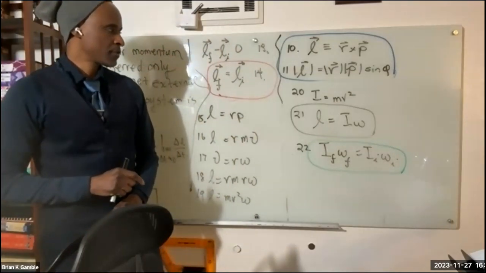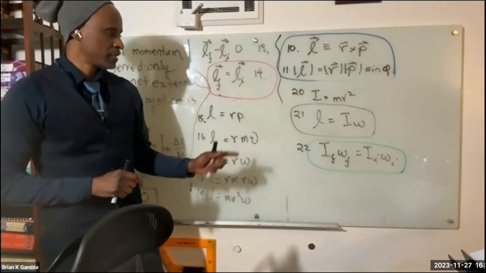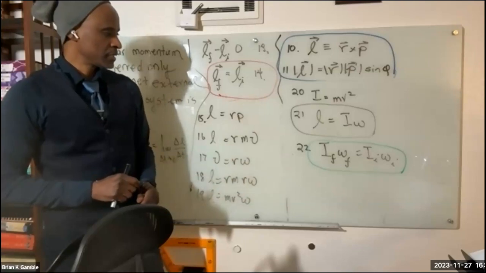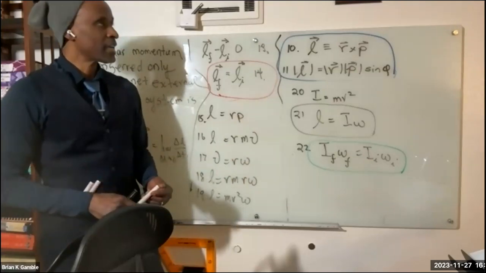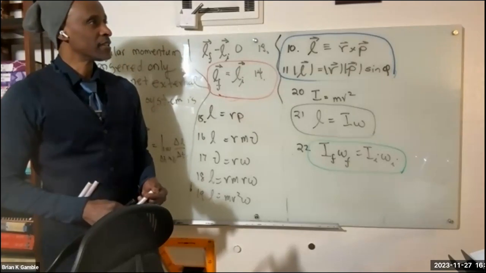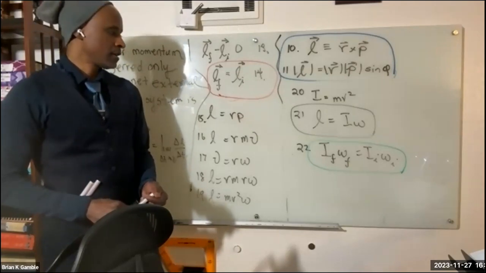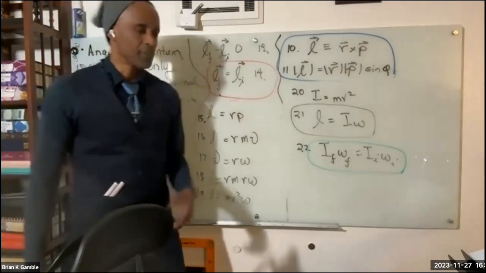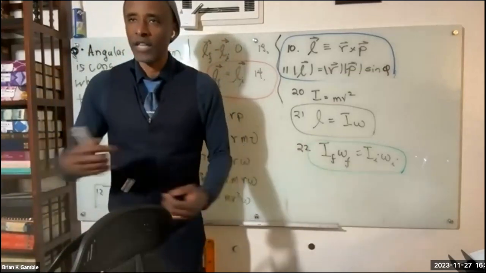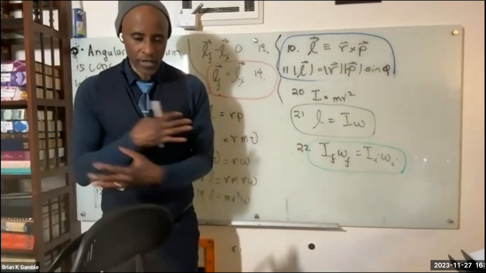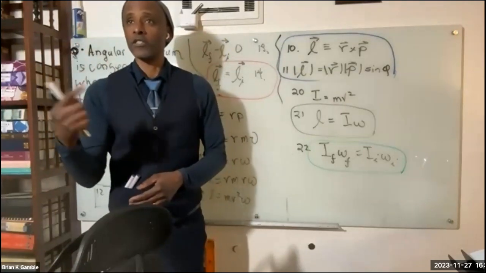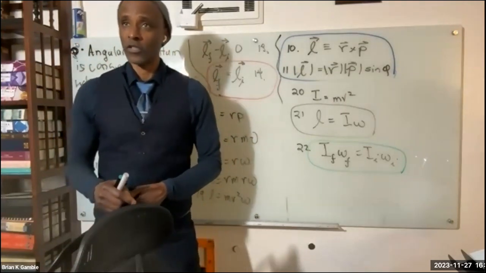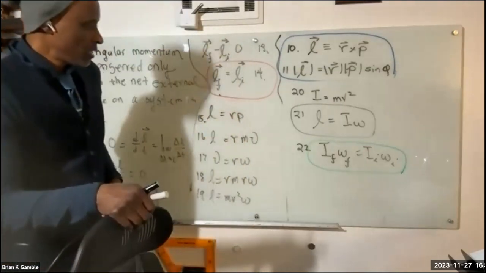I don't want to confuse this with energy, but you can see that's what happens as you constrict and decrease the moment of inertia. The angular velocity increases quite significantly for most of those scenarios.